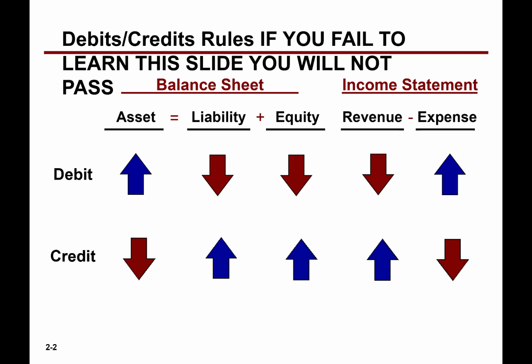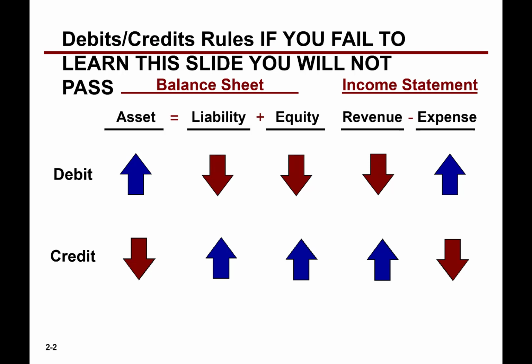If we're talking about a liability, notice it moves in the opposite direction. If you want to increase a liability, you will credit it. If you want to decrease it, you will debit it. If we're talking about revenue, if you want to increase a revenue, you will credit it. If you want to decrease a revenue, you will debit it.